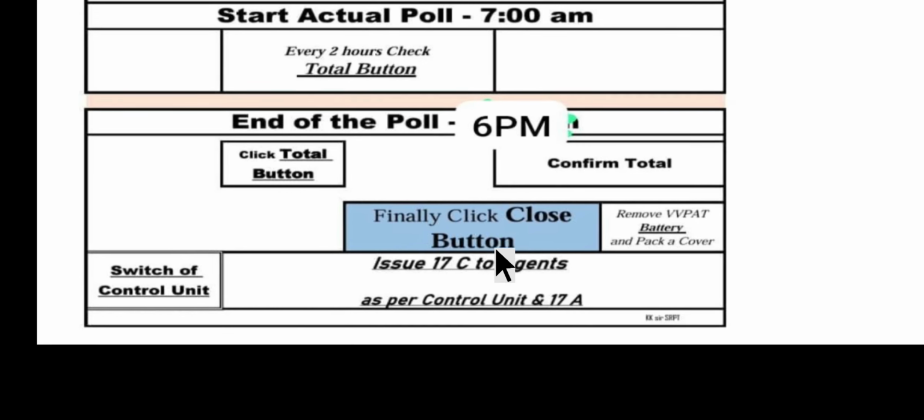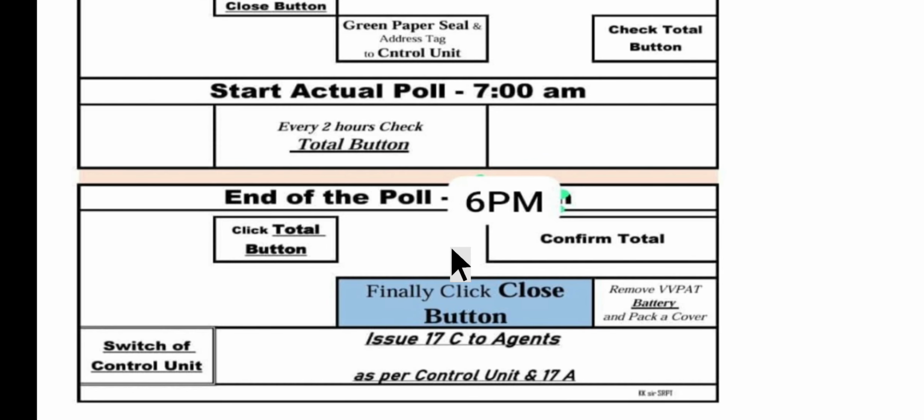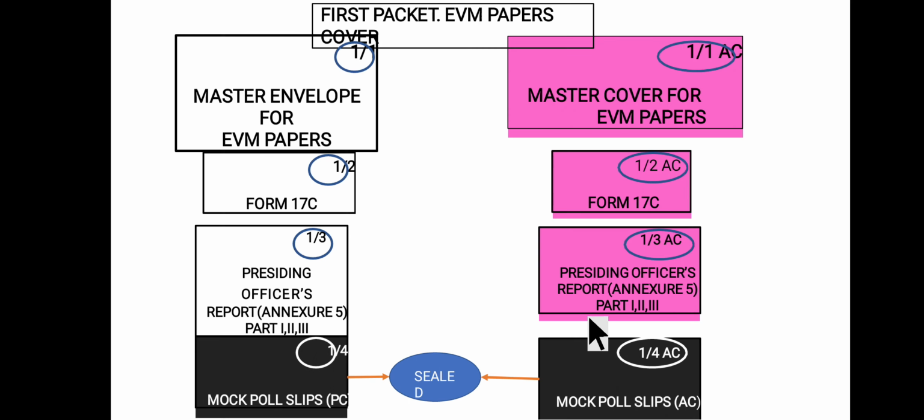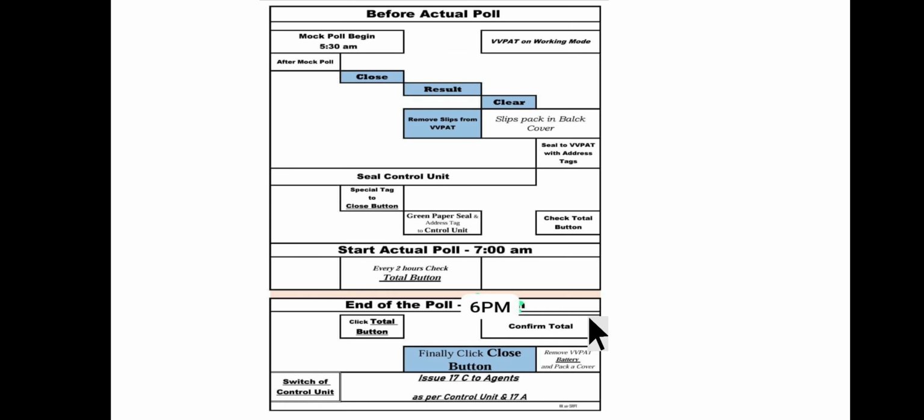Then after the end of the poll, we need to click on the total button and confirm the total. Finally, click the close button, remove the VVPAT battery and pack it in a cover. So finally, switching off the control unit and happily concluding the polling process by issuing 17C to agents as per the control unit and 17A forms. So this is the flow chart of the entire polling process.